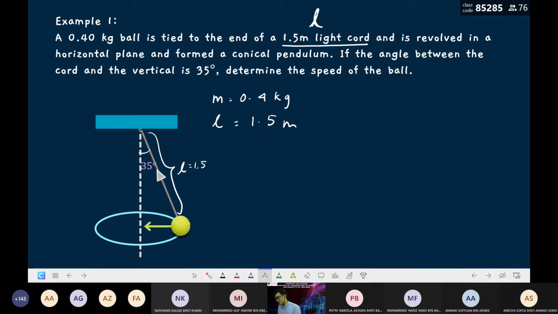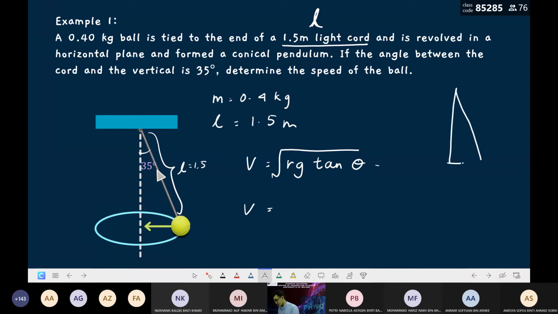Okay, to determine the speed, we can use V is equal to square root of RG tangent theta. So the velocity is the square root of, and the radius is, okay, how to find the radius? Let me show how to find R first. Here we can see the right triangle. We have the length 1.5, theta here, and the radius here. So for the radius we can use sin.